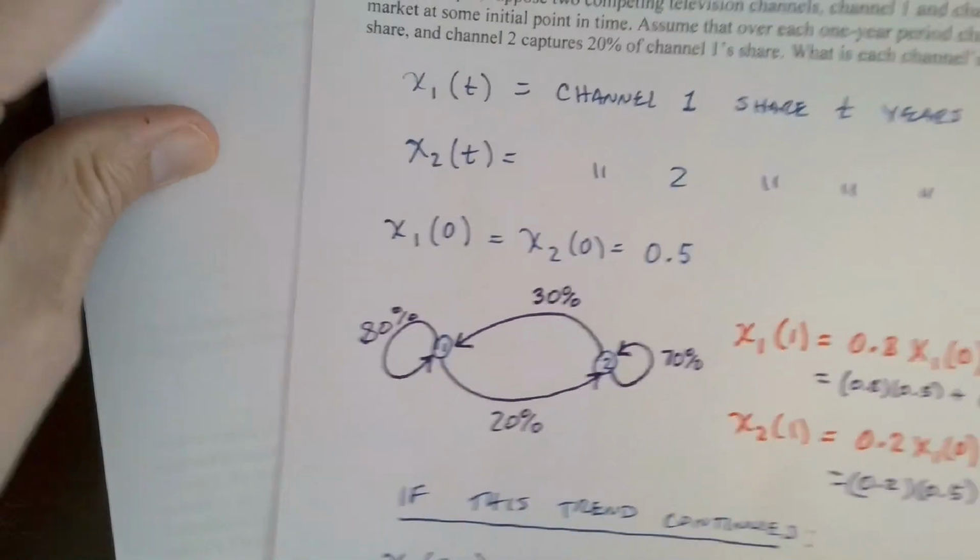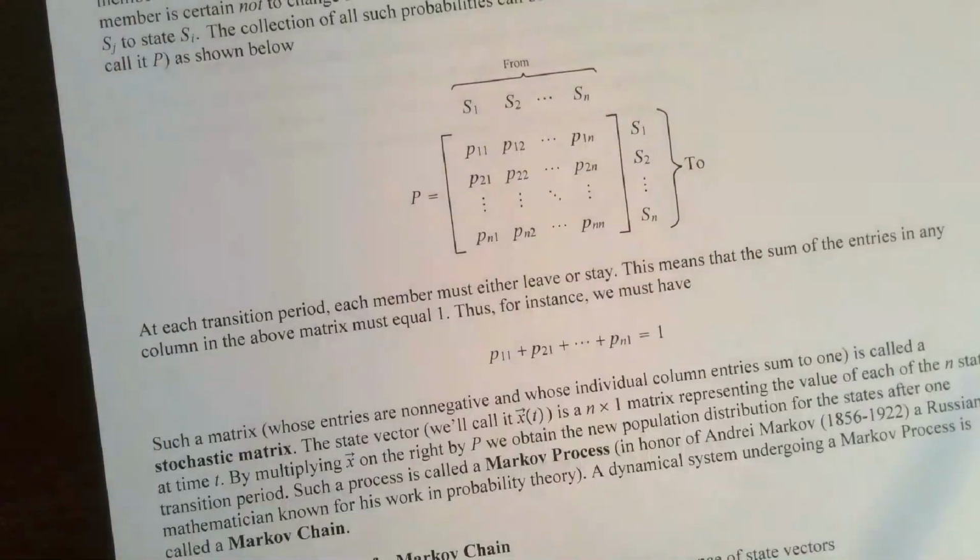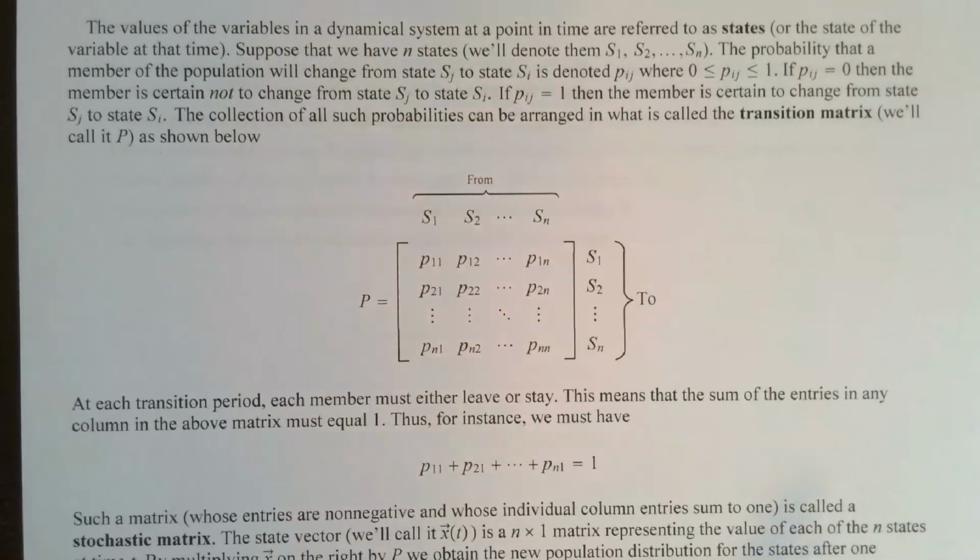So let's detail all these things and talk about what we've just observed. The values of the variables in a dynamical system at a point in time are referred to as the states, or the state of the variable at that time.